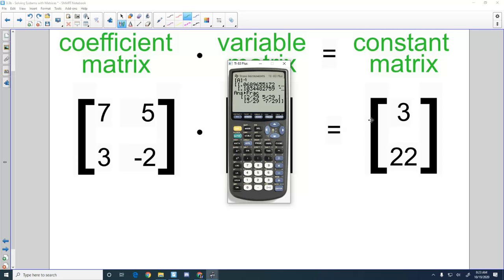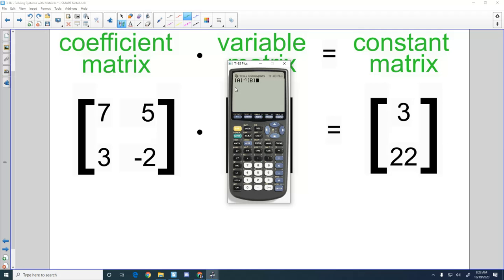Now, to solve the system of equations, we would just take, so go to the matrix menu, we take matrix A inverse times matrix B. Just like that.